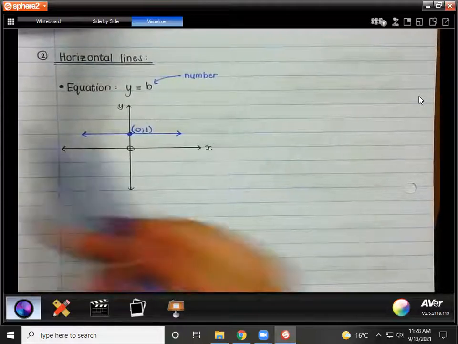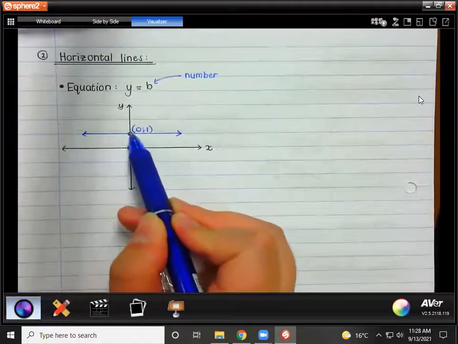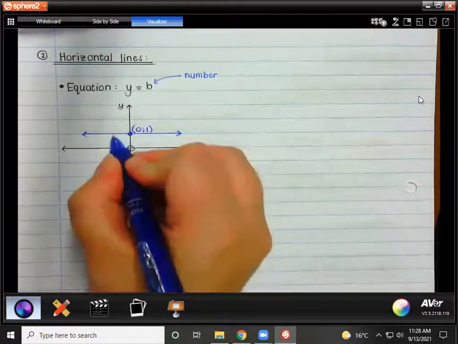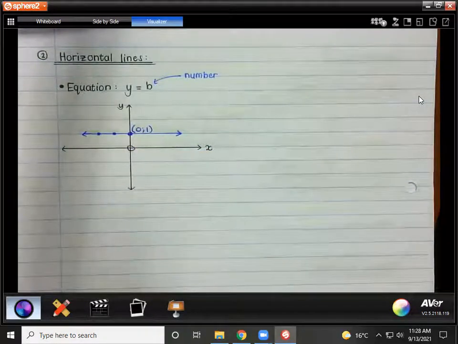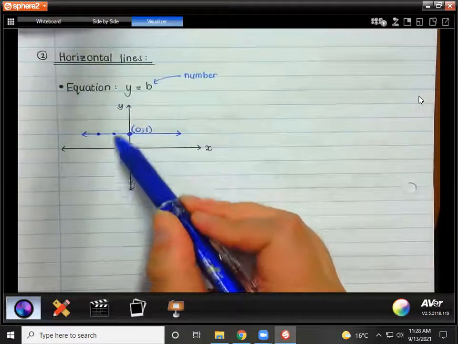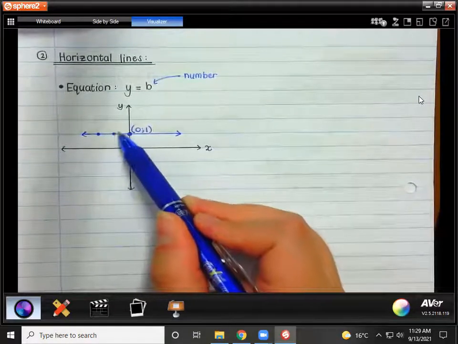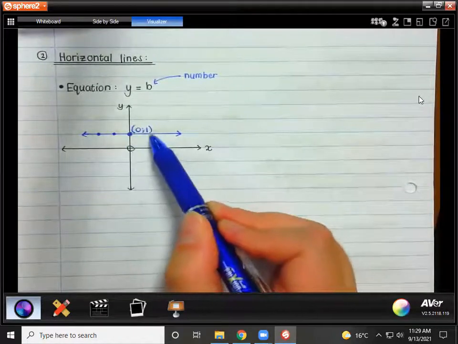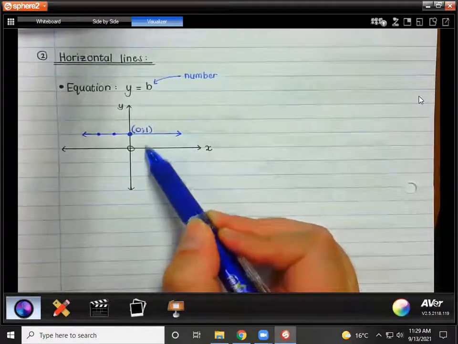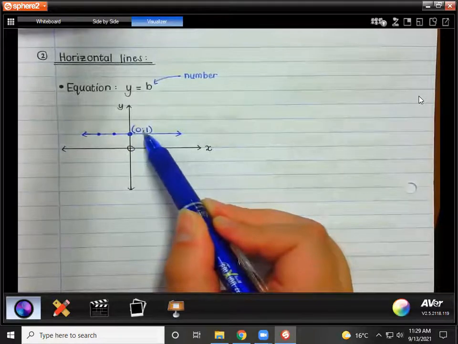Now, guys, do we agree that every point next to this one will also have a y value of 1? If I choose a point there and there, they are all in line with 1 on the y-axis. It could have any x value here. This could be -1, -2, it doesn't really matter. But the y value will be 1. What about any points here? If this is +1 on the x-axis, it's still in line with 1 on the y-axis.